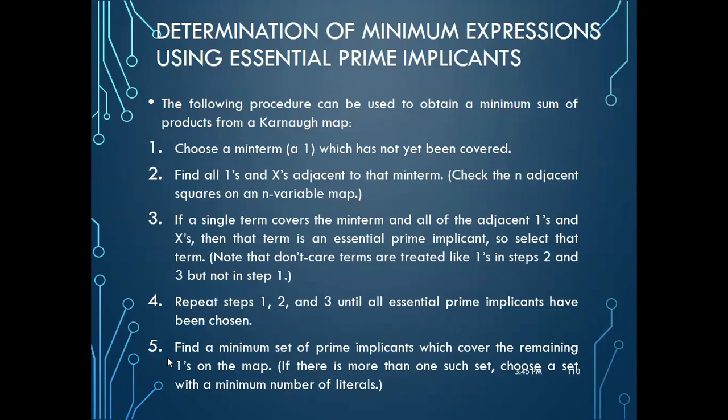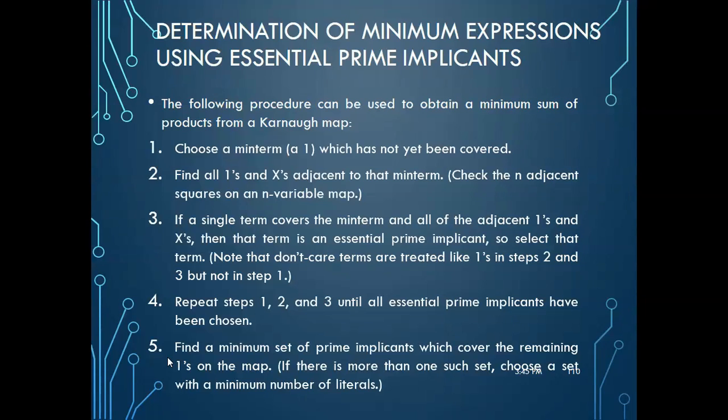Maybe in one term you may get three, and in another term it may be two. So in that case, you have to choose the one which has the least literals. If it has two literals, you have to choose that one.